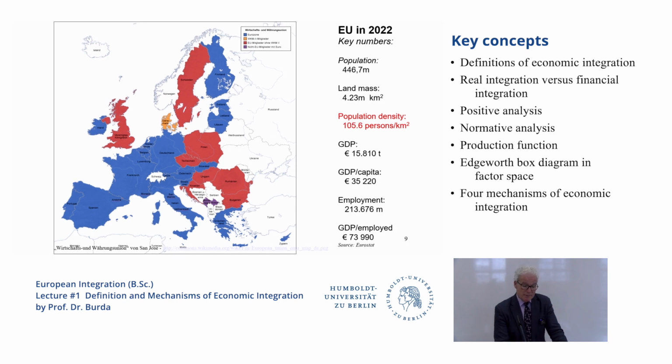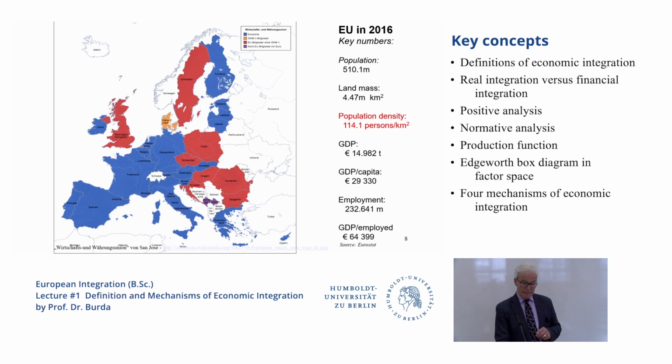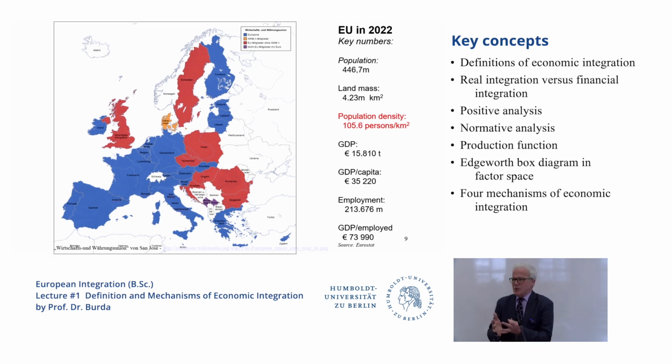Per capita GDP went up, despite the fact that Britain is considerably wealthier than average. Okay, GDP per employed person also went up. So part of that's a consequence of economic growth. But if you correct for the loss of the UK, it was actually a minus for the EU. We're losing a really potential heavyweight partner. So they're out, okay, for all the things we'll talk about in a while.